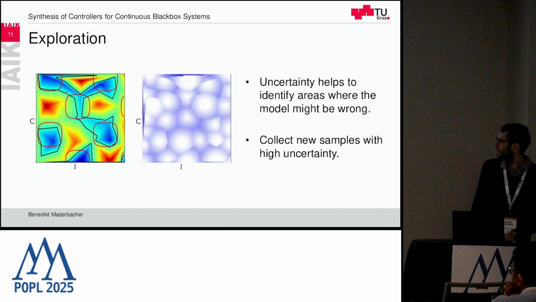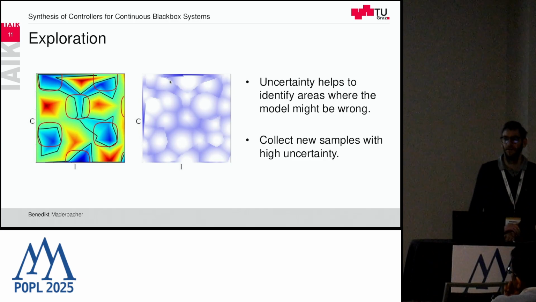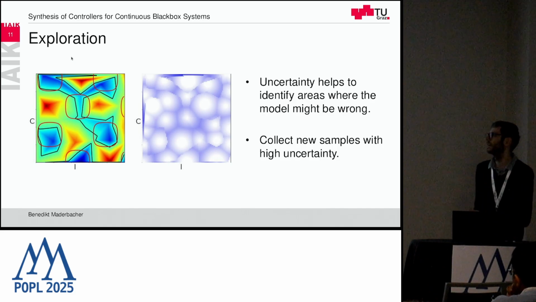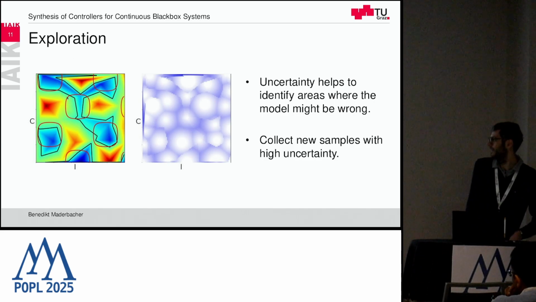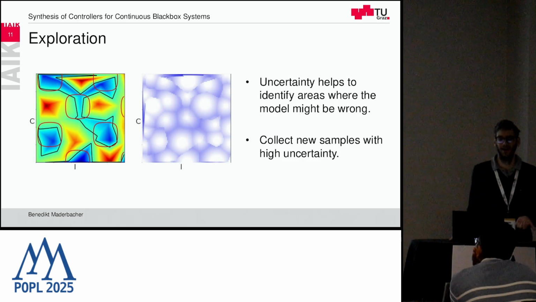And also here, if you look at this part, which passes through from one negative region to another one, but passes through something that is actually positive, we see that this actually has a higher uncertainty than the surrounding points. So this predictor is actually good enough for guiding us to say, maybe we should sample more here, because there might be a path hidden that we cannot actually find at the moment.